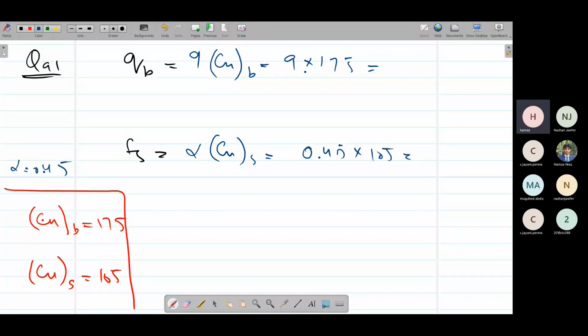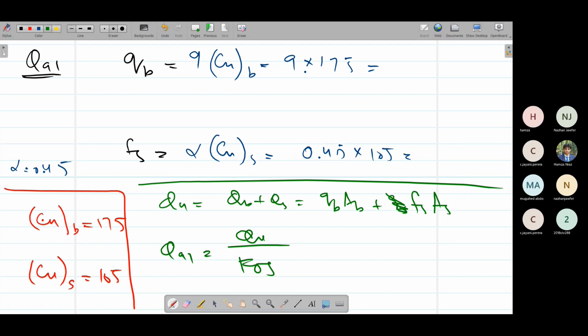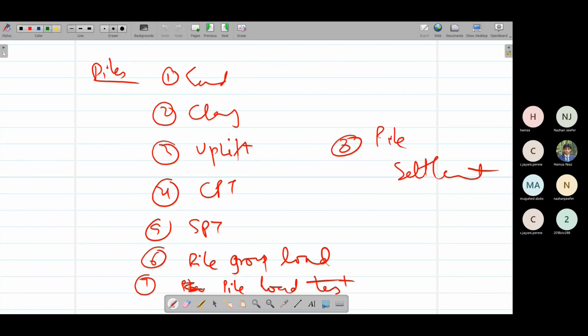After getting QB and FS, the allowable load: QU would be simply QB AB plus FS AS, and Q allowable 1 would be QU over factor of safety. So this way we can calculate the allowable load capacity of one pile, just like we have done before. Any issue up till this part? No.